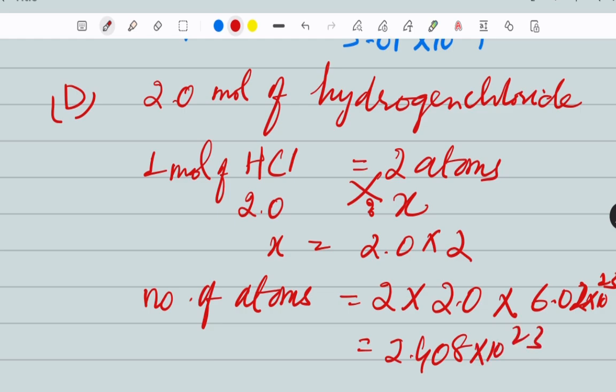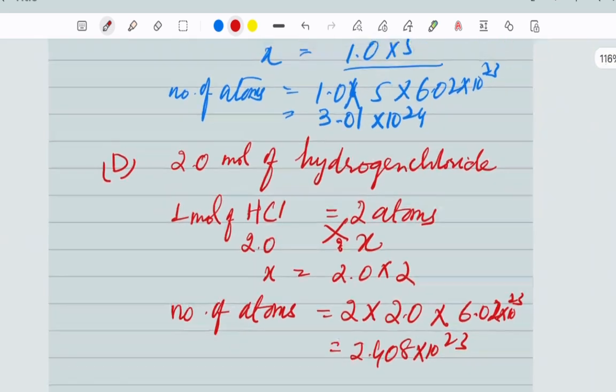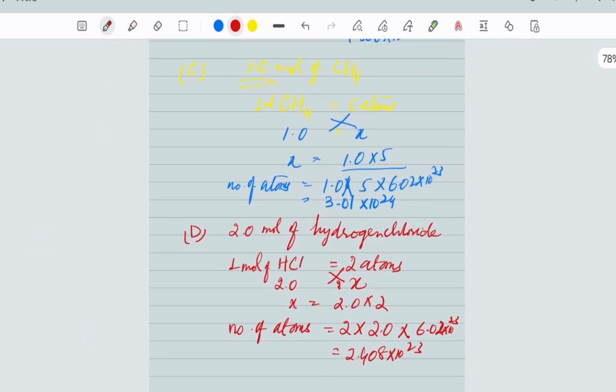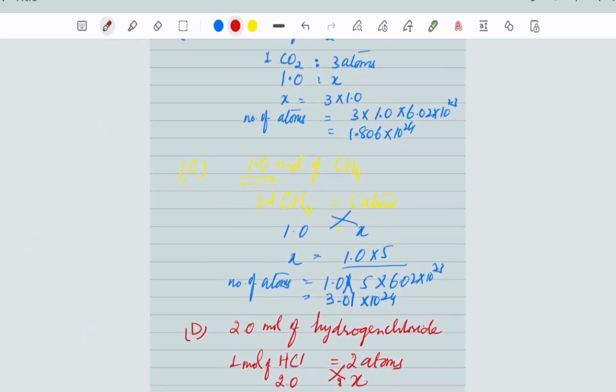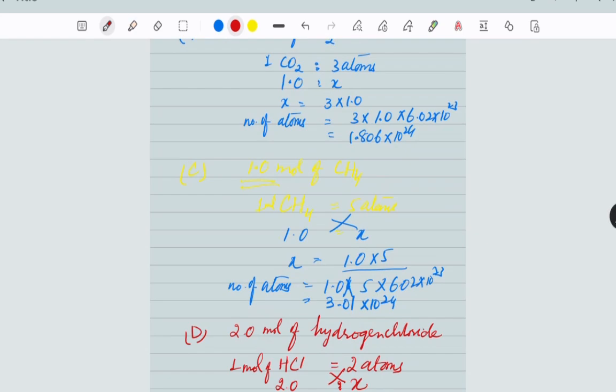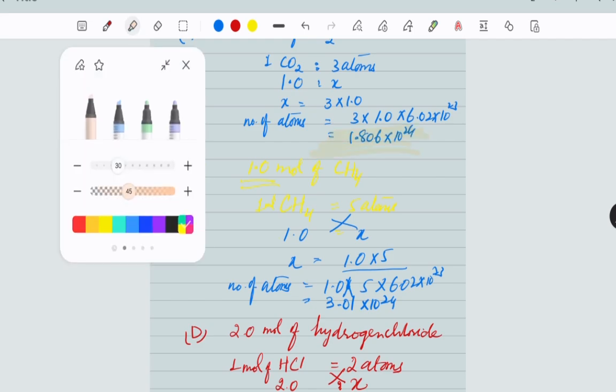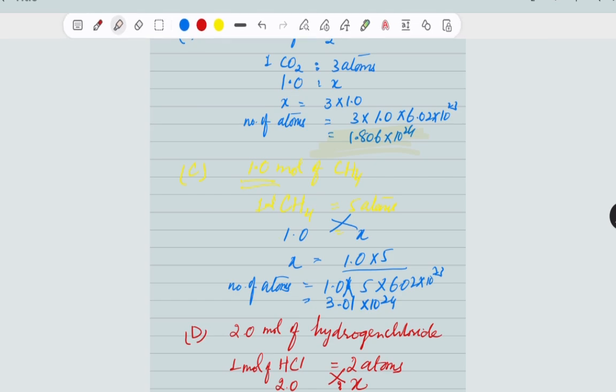Now we have to check which sample contains the most atoms. Let me highlight. Is it the greater number? Let me change the color of the highlighter.